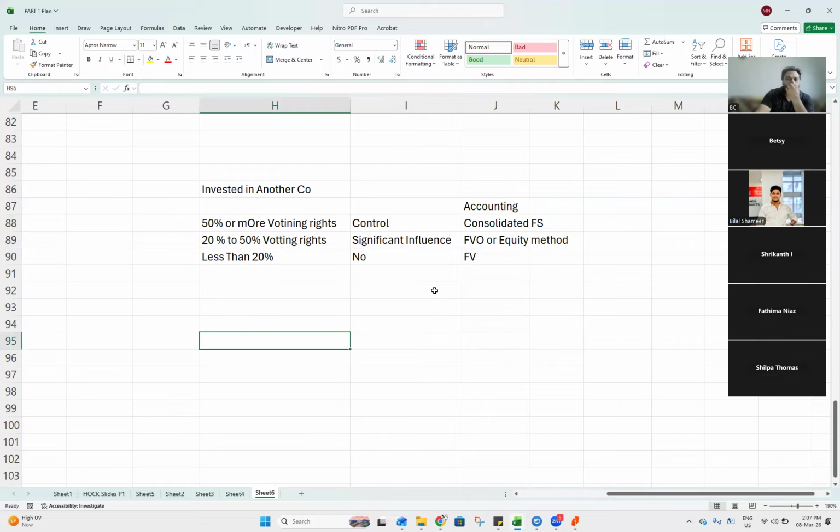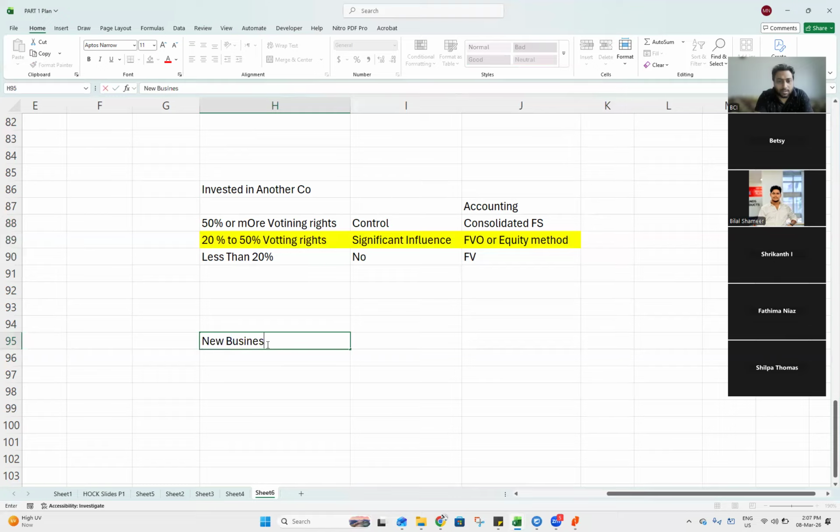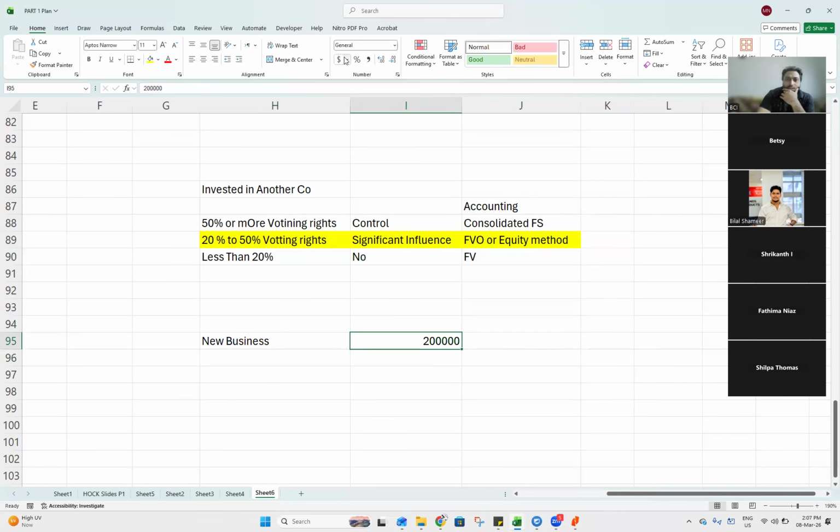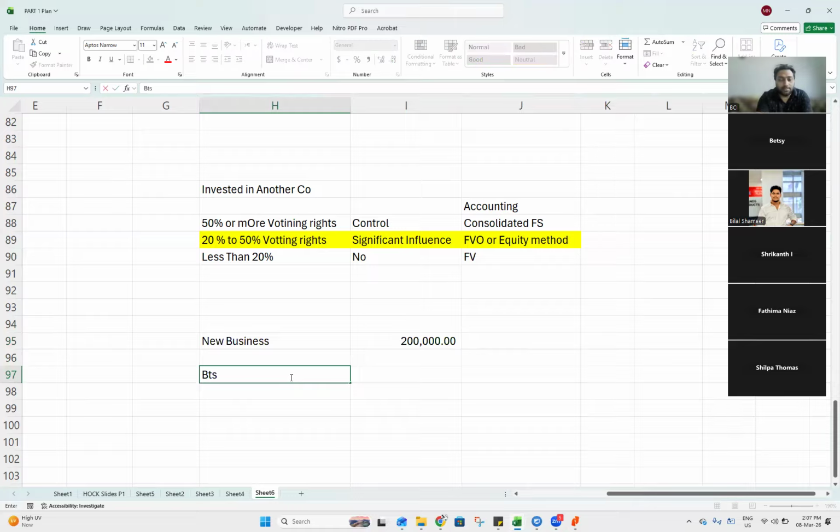Coming to the equity method. The equity method of accounting is very simple. For example, I'm starting a new business. My total business investment needed is 200,000. So I will ask Betsy to invest 25% in my company.